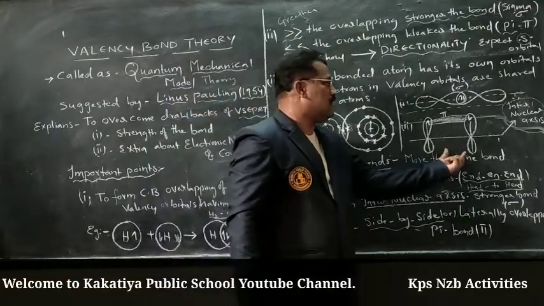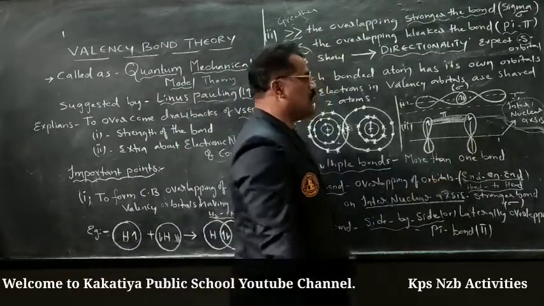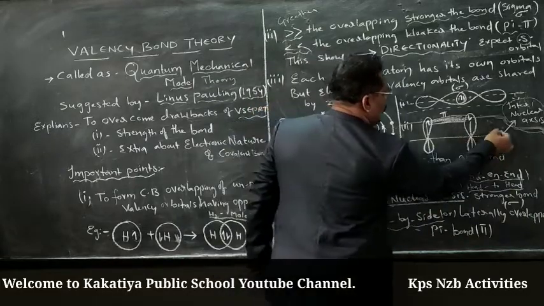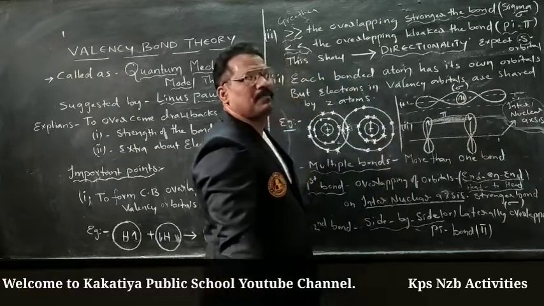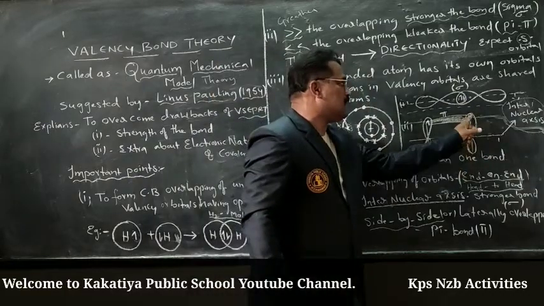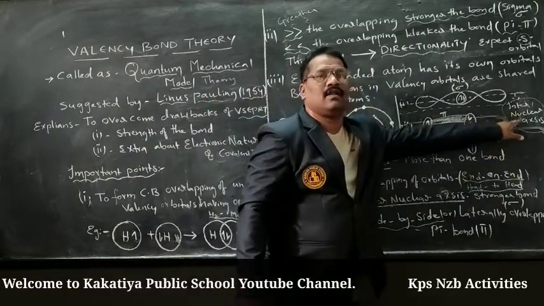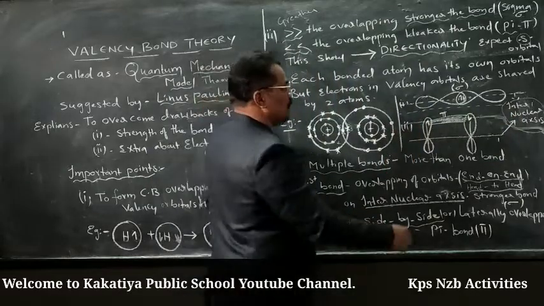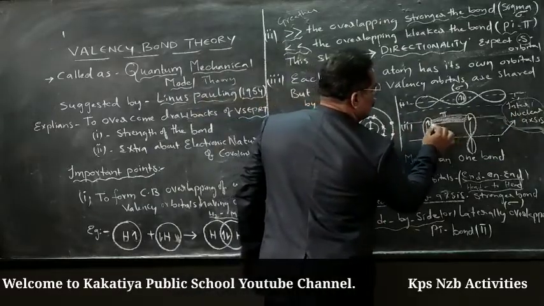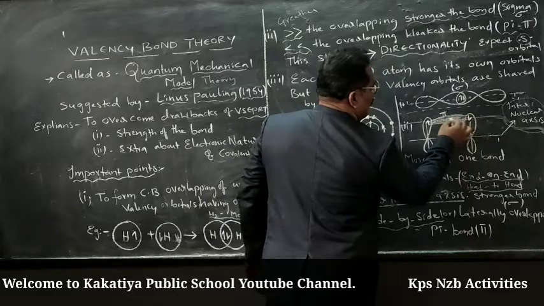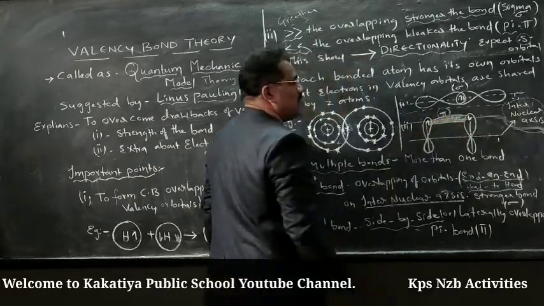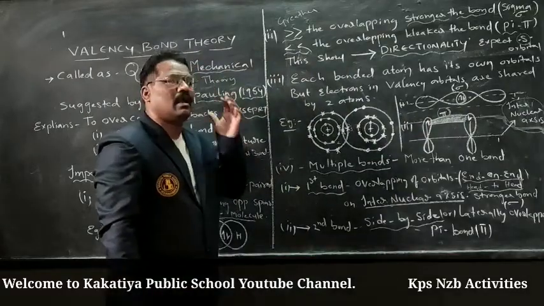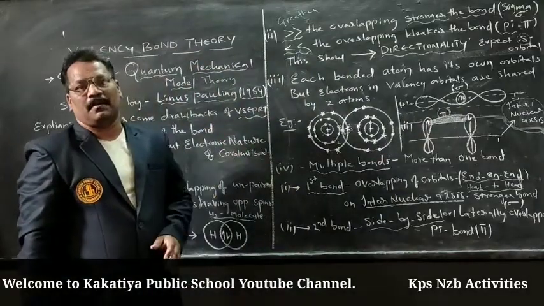Means exactly perpendicular to the internuclear axis, the orbitals exist. Here the p orbital is exactly perpendicular to the internuclear axis, so that this electron and this electron will share in a side-by-side overlapping. Due to that, a bond will be formed. That bond is called a pi bond.